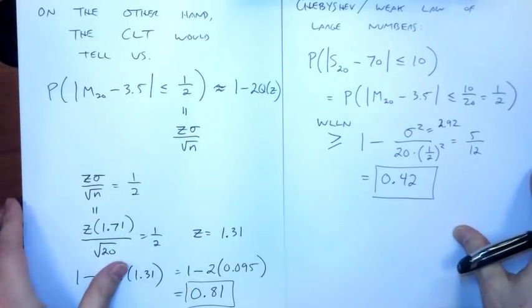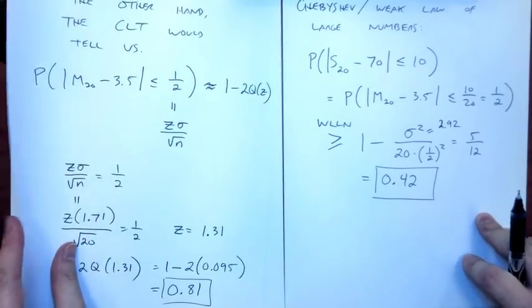Let's see. First, let me just clear my page here. All right. So what I'm going to do is tie this back to confidence intervals and confidence levels, okay? So in estimation problems, a lot of times we don't know what the mean is, right?